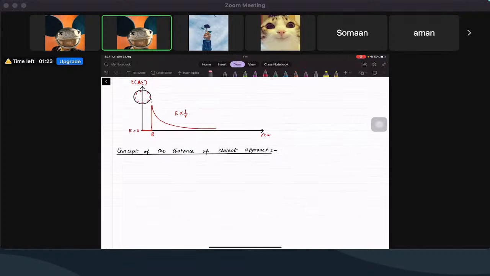So this is what Gatika asked, how did I get the work done formula. The reason is that work done is given by change in potential times charge, right, Gatika? So change in potential is kq over r times charge. So when you multiply this, the work done becomes kQq over r. That's how we got the formula there, right?